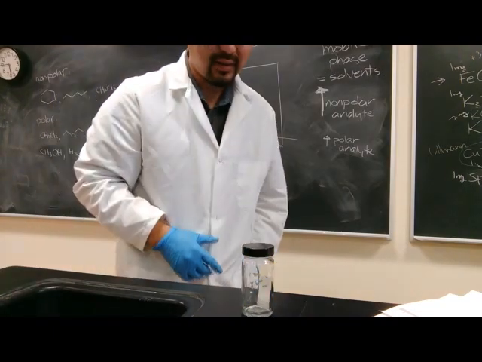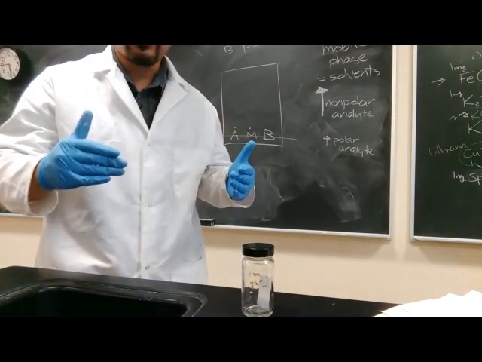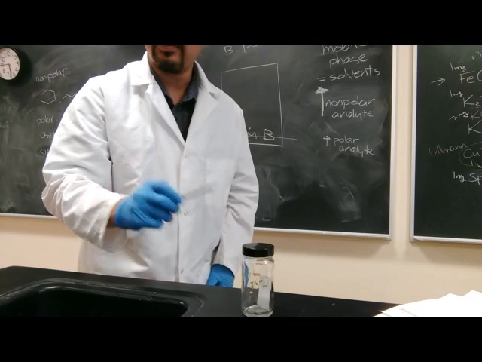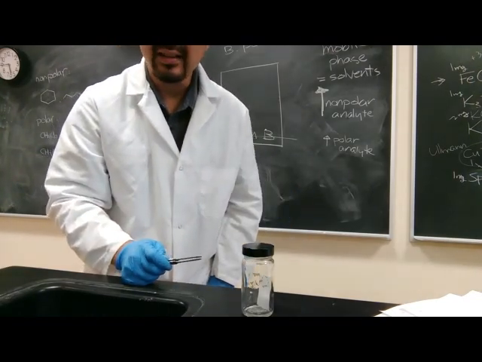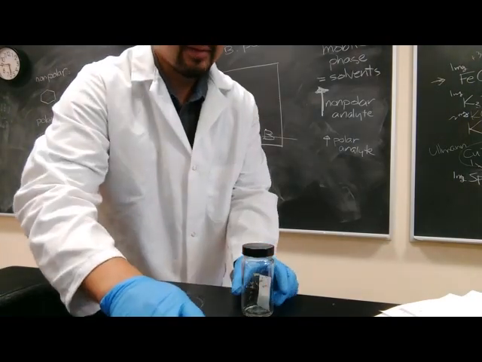The reason for that is that the inside of this TLC chamber needs to be saturated with the solvent vapor. Otherwise, the rate of evaporation is going to change how fast things move up and down, and it'll complicate the matter.